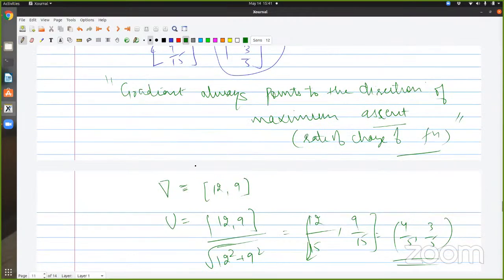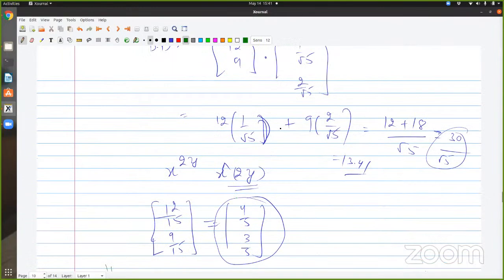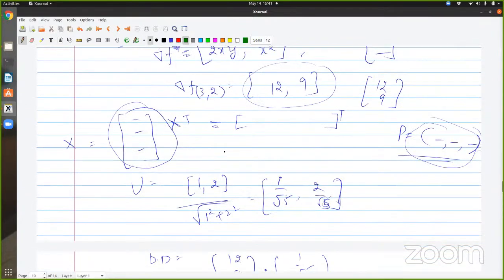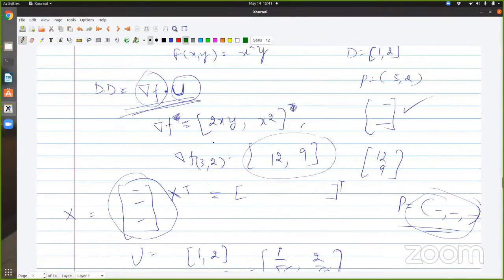How did you get this 12, 9? That was your derivative, and you put in the value 3, 2. This point 3, 2 was given, so you're actually not concerned about local or global minima in this case. It's irrelevant here. This is not related.